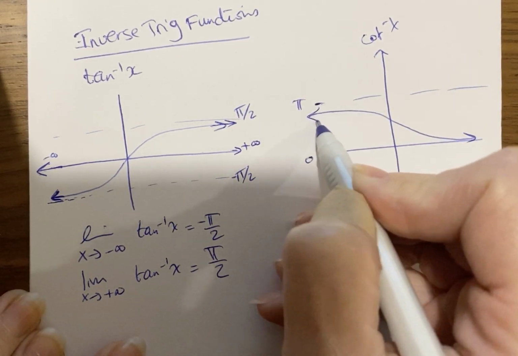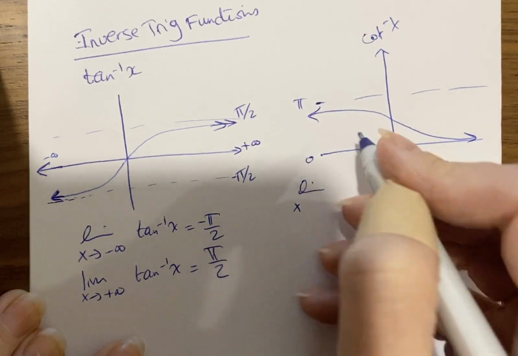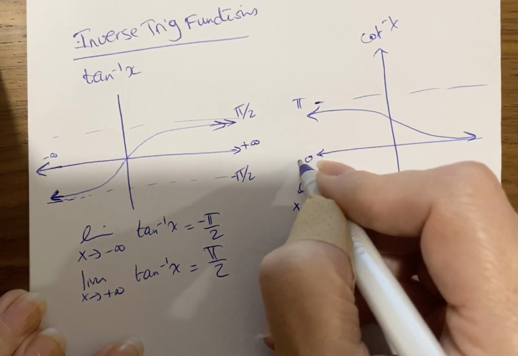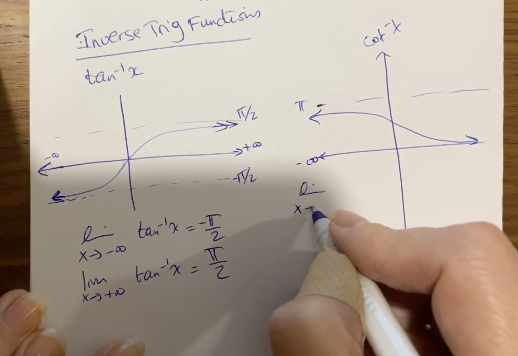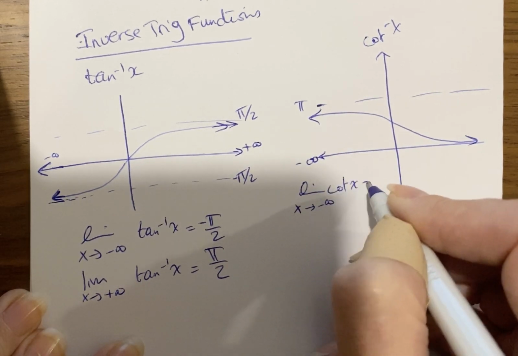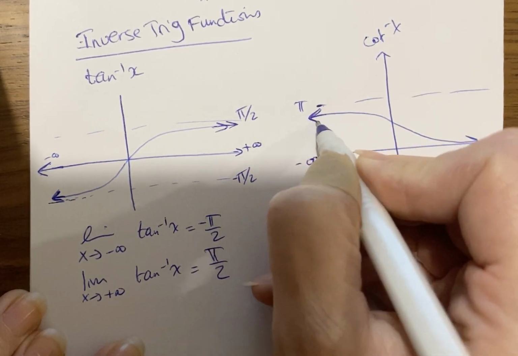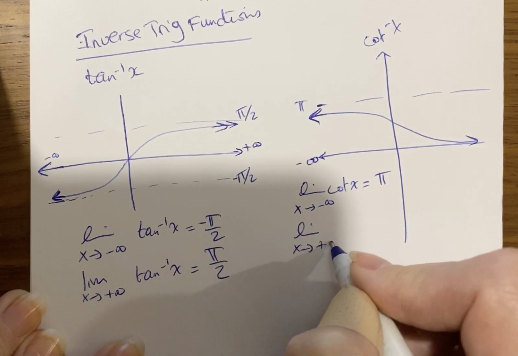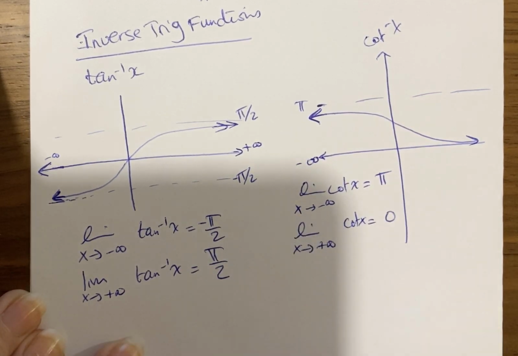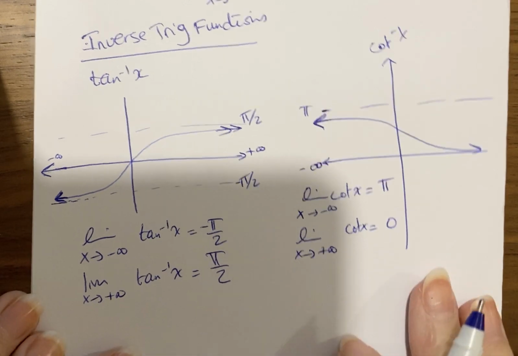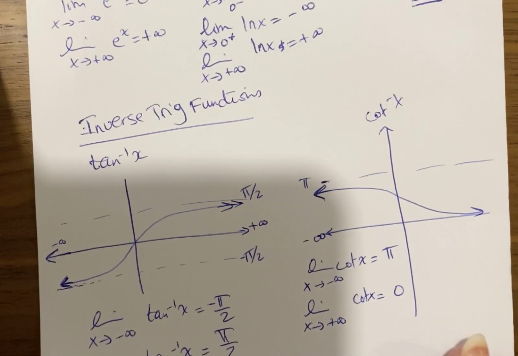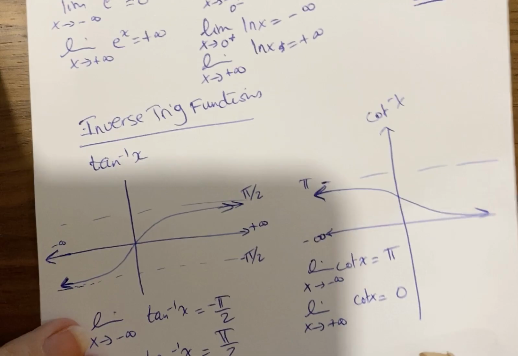It looks like this. So the limit as x approaches minus infinity of cotan inverse x is what? Pi. And the limit as x approaches plus infinity of cotan inverse x is what? 0. Those limits, I want you to memorize them.